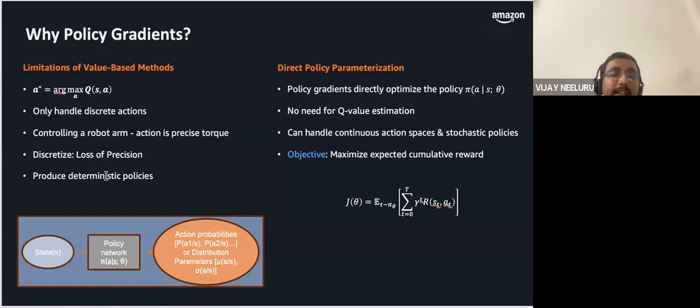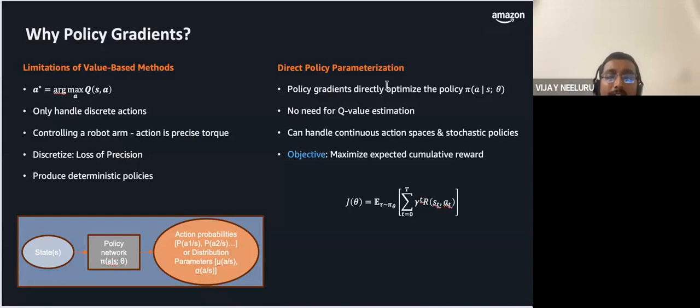The second limitation is that the learned policy derived from the Q function is typically deterministic, and value-based methods struggle to learn stochastic policies directly. That's where policy gradient methods come into the picture, offering a different path.